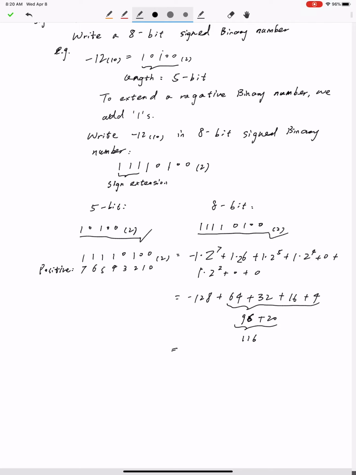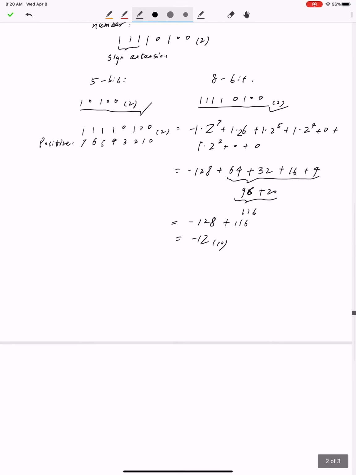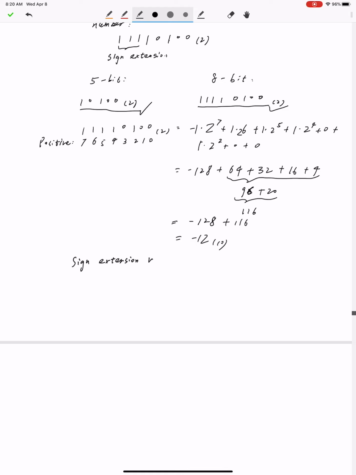Then you sum minus 128 and 116 together, and that equals minus 12. So one important conclusion for sign extension is that sign extension will not change the original value of the binary number.